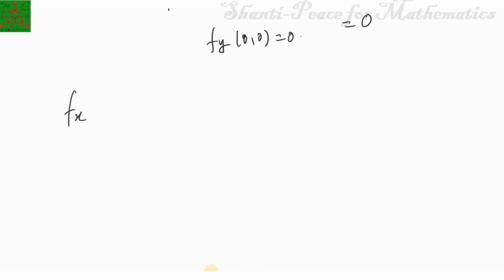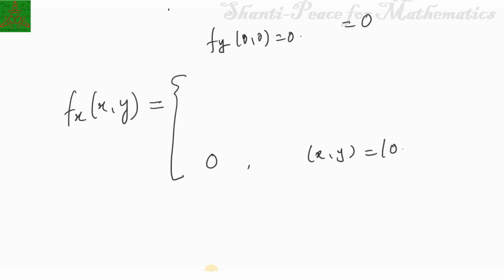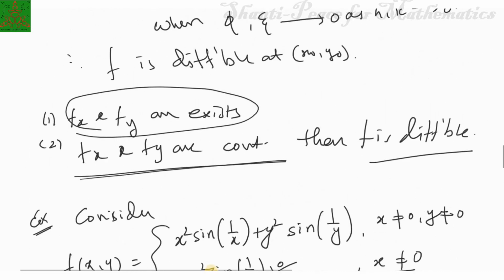Now what will be fx at any point? The first one, fx at (0,0) is 0, that we have calculated. fy at (0,0) we have also calculated is 0. What will happen if x is non-zero and y is also non-zero? In this situation, what is your fx? Fx is nothing but the partial derivative of this with respect to x, because for x non-zero and y non-zero, the function is defined in this manner.